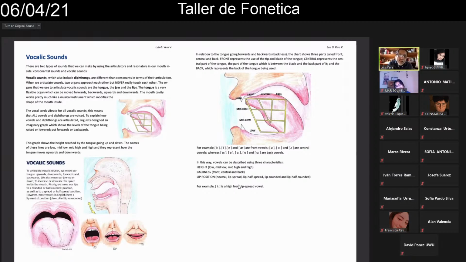And then here we have the hard palate and the soft palate, right? But what is important is to mention the teeth, and then the alveolar ridge, then the postalveolar area. And they are the hard palate. Let's see that.